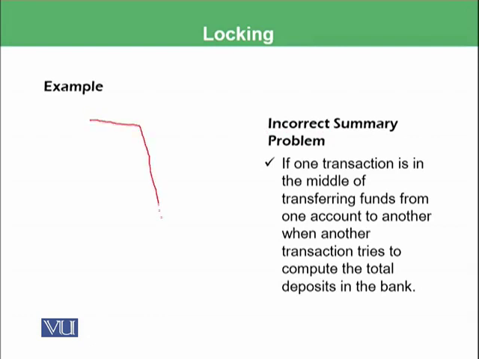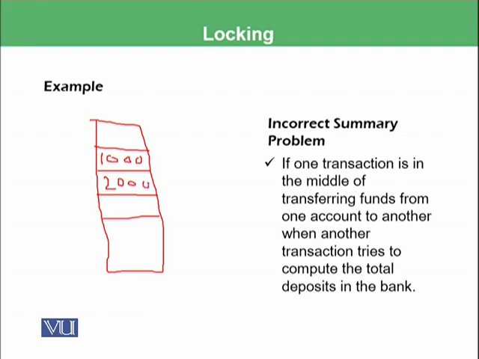Suppose here are account details of different people having different balances. For example, this has 1000 as a balance, this has, for example, 2000, and this has 500.